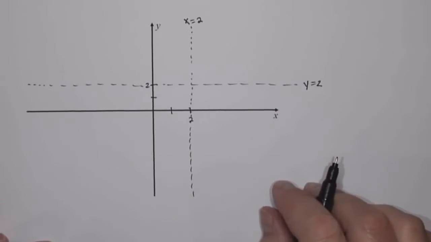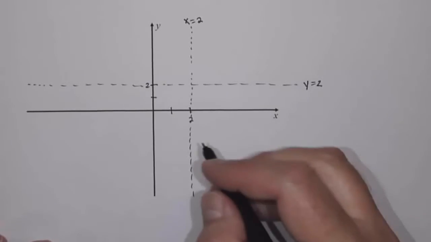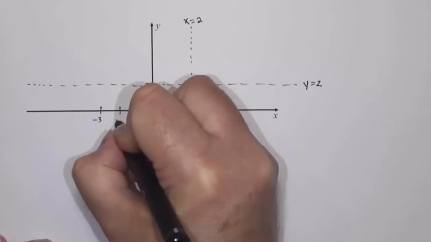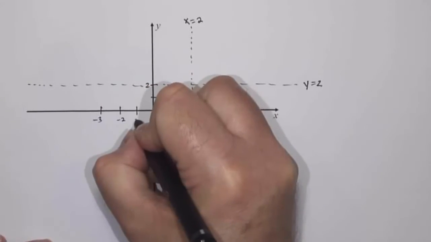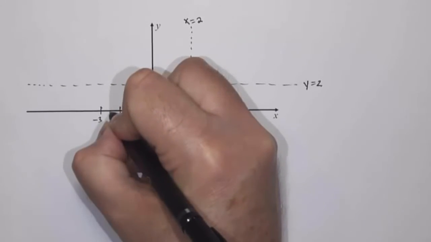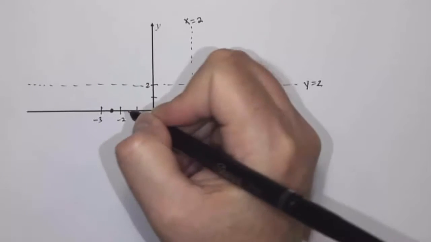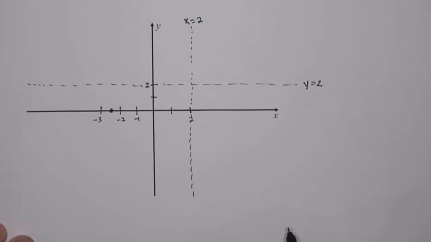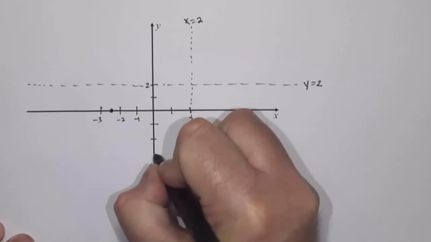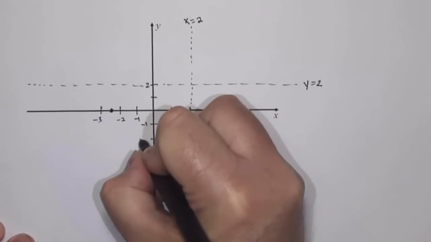We know that we have an x-intercept at negative 5 halves, 0. So here's negative 3, negative 2, negative 1. So negative 5 halves, 0 is here. We know we have a y-intercept of 0, negative 5 halves. So here's negative 1, negative 2, negative 3.